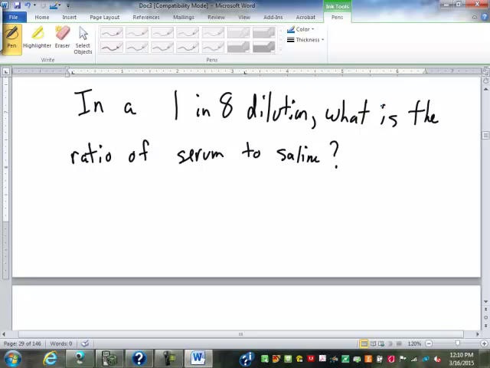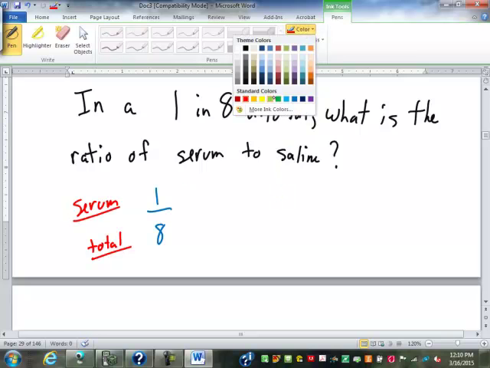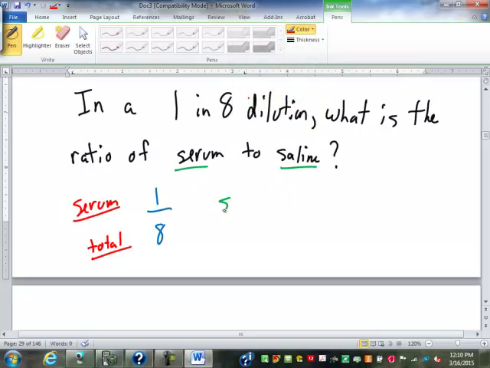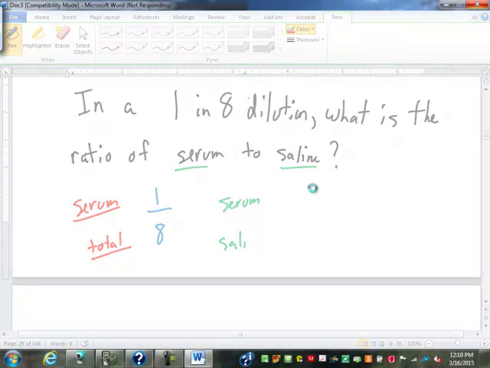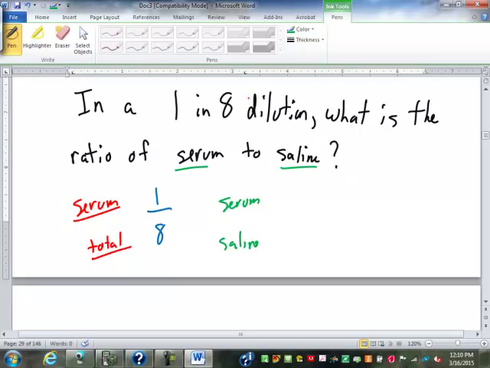Most people's gut reaction is to put 1 in 8. But remember, the 1 in 8, the dilution, is the serum to total. We want serum to saline. Serum to NS, if you want to leave it as that. Serum is still 1 part. The saline, however, is 8 minus 1, or 7 parts.